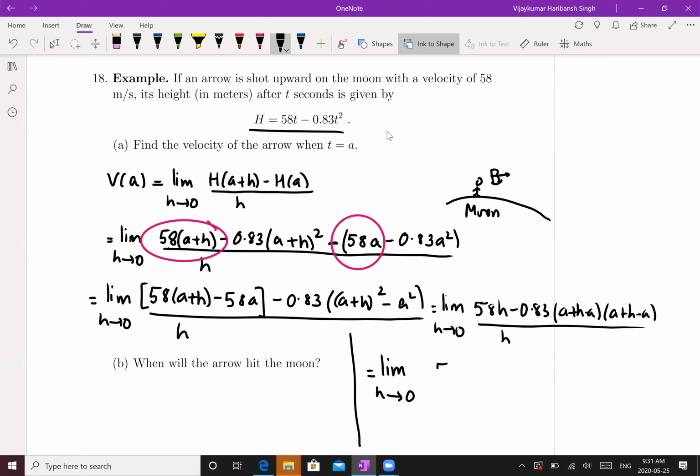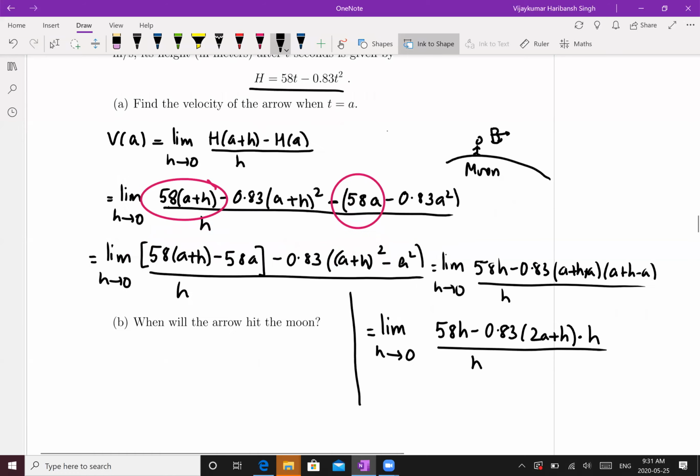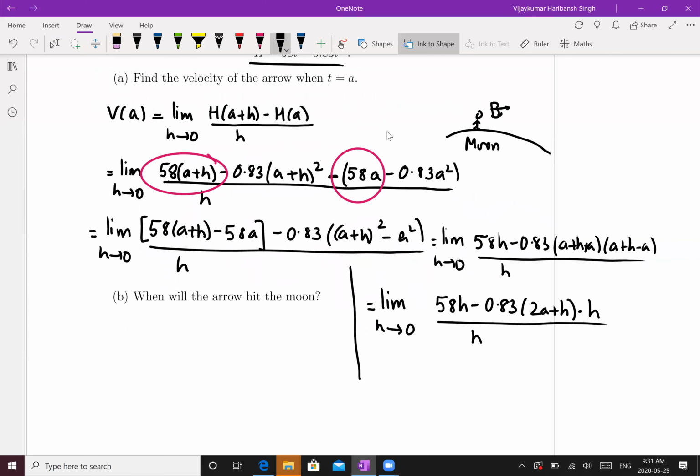I'll get 58h minus 0.83 times this a, and this a will cancel. So there's one with the plus and the one with the minus. So we get (2a plus h) times h divided by h. Now there is a factor of h on the top and a factor of h in the bottom.